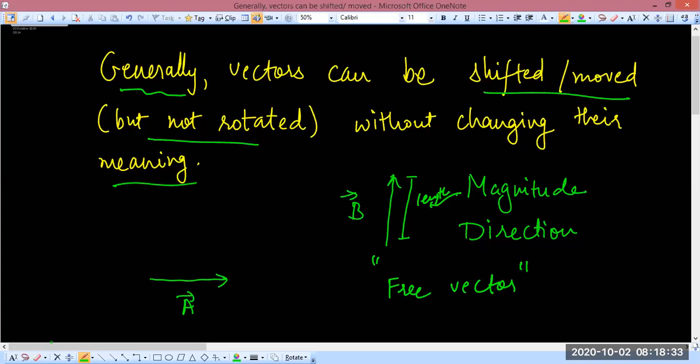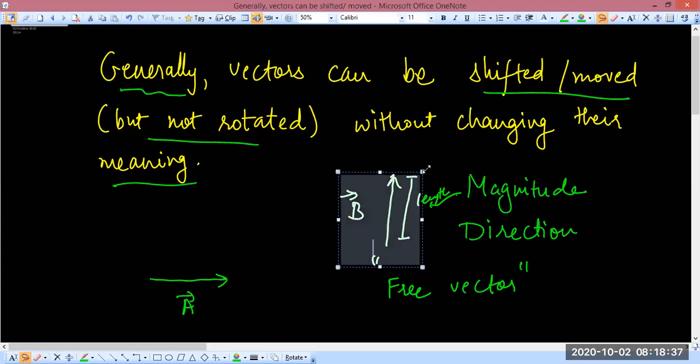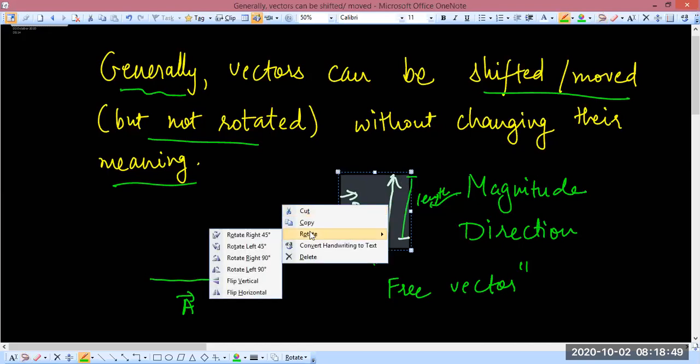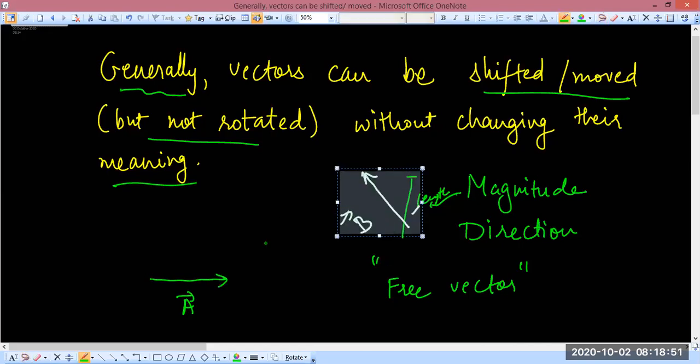But if you rotate it, things get different. Have a look. If I rotate it, I believe all of you understand that the angle will change. For example, see, I rotated it.